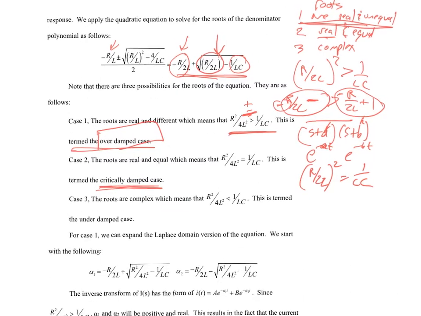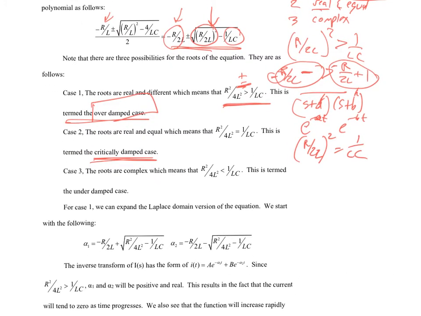What's the next case? Well, the only other case is when R over 2L squared is less than 1 over LC. When it's less than 1 over LC, what happens in the square root term? It's a negative number. What's the square root of a negative number?